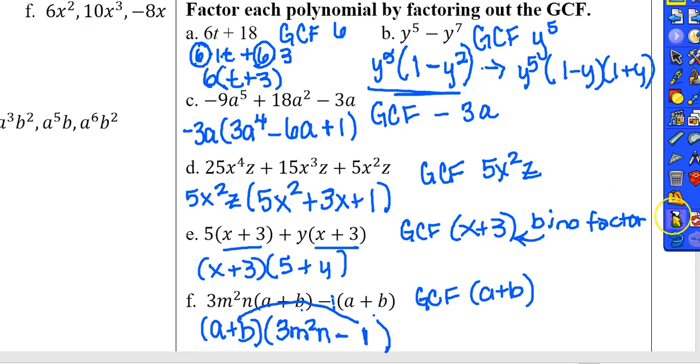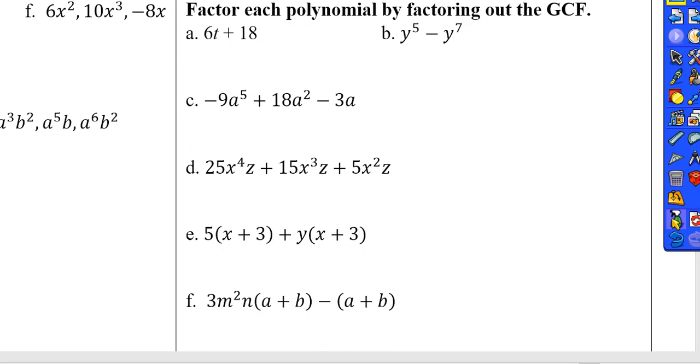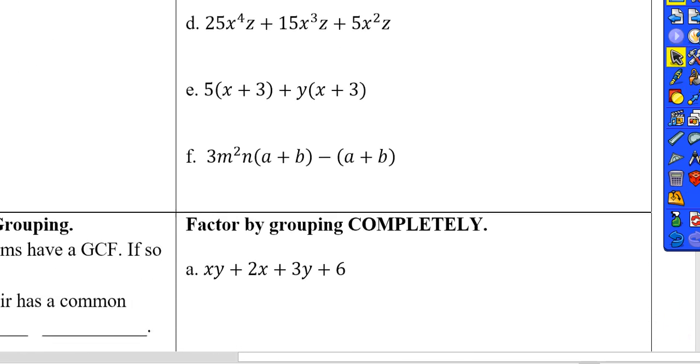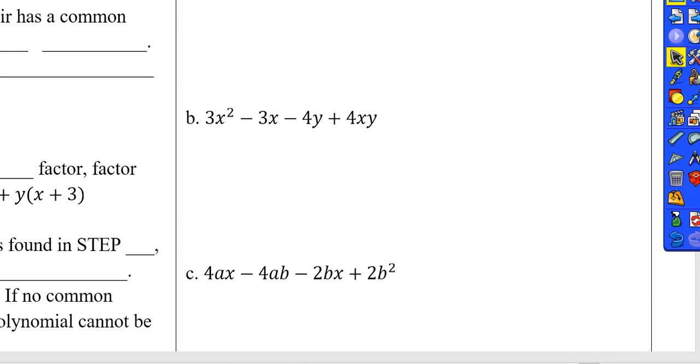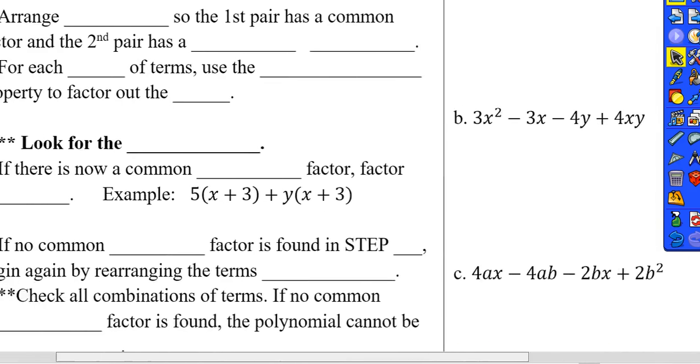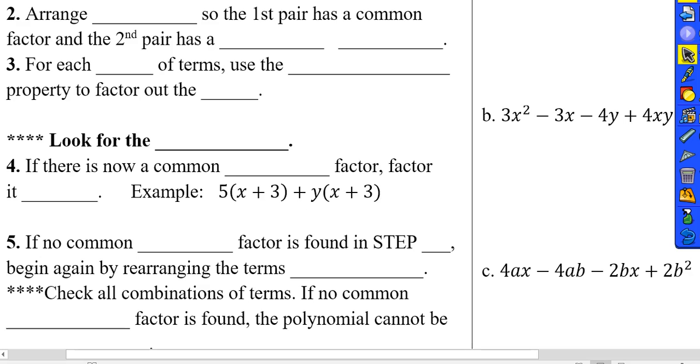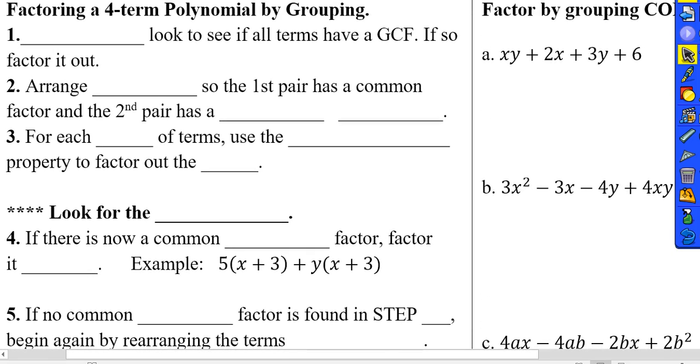So now we're going to quickly move into filling in the blanks on the next section, please. Okay, I'm kind of off the screen here. All right, now, so factoring 4-term polynomials by grouping. The grouping method.